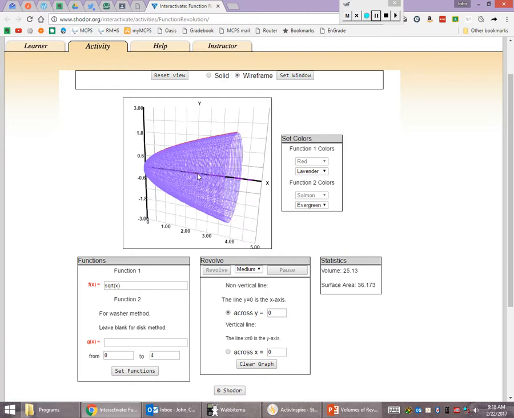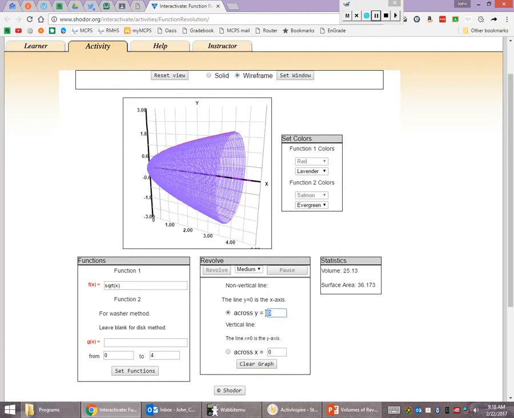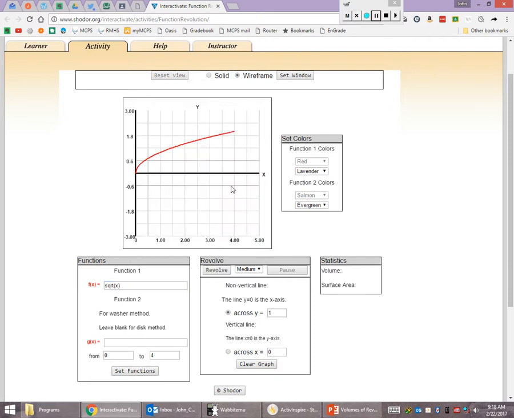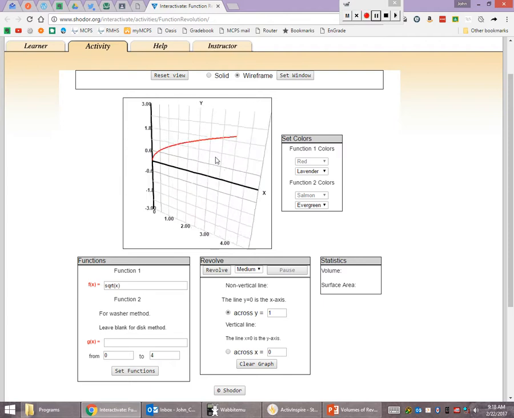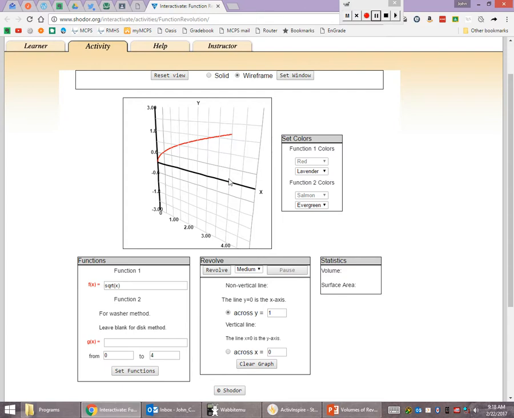What was the previous? Okay, so same function but around y equals 1. Okay, I'm already ready actually. Oh, on the last one, did we go from 0 still?